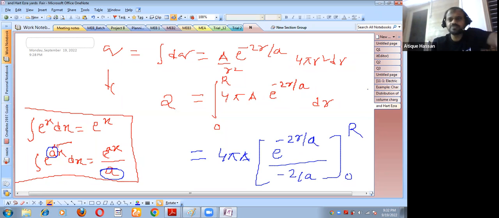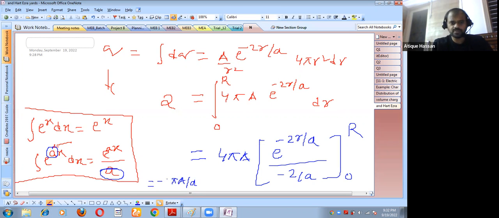So now it's very easy. We have to put in the upper limit and lower limit values. So for 4 pi a, we will get Q here, 4 pi capital A small a, and this we will get minus 2, right?